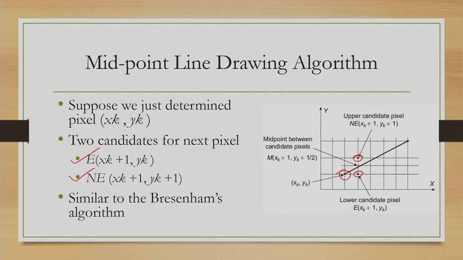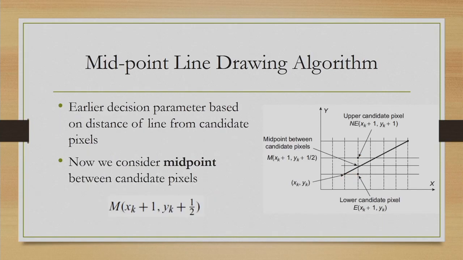What changes is the way we decide which candidate pixel to choose. Earlier we made the decision based on the distance of the line from the candidate pixels. Now, in the midpoint algorithm, we consider the midpoint between the candidate pixels rather than the distance from the line. The midpoint is shown here between these two candidate pixels, and can be represented by this expression, as you can see.